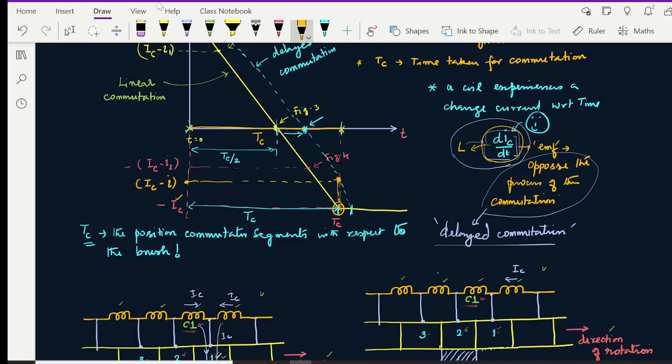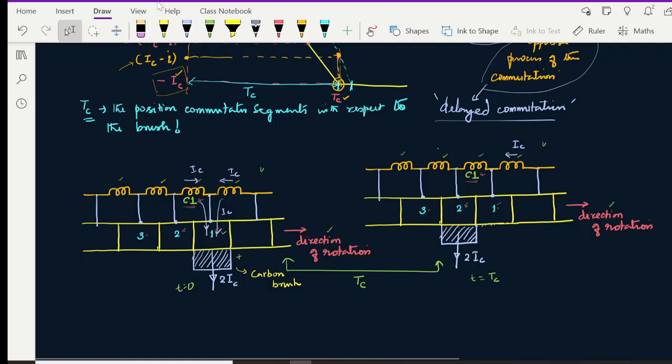Due to delayed commutation at TC, that means the commutator segment has completely occupied the brush at TC, where you expect the current in coil 1 to be minus IC, it is not minus IC, it is minus IC minus I. It means, suppose I mark this current as IC minus I, this current still happens to be IC.